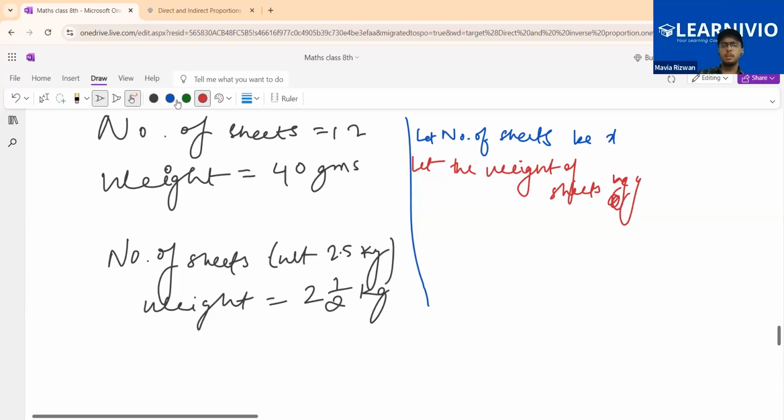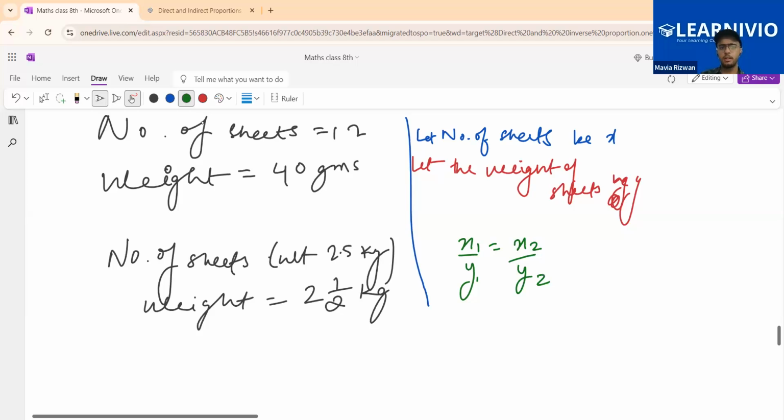Now what was the formula? Khadijah? X1 by Y1 is equal to X2 by Y2. Correct. Now, Rida, can you tell me what is X1, Y1, X2 and Y2 here?